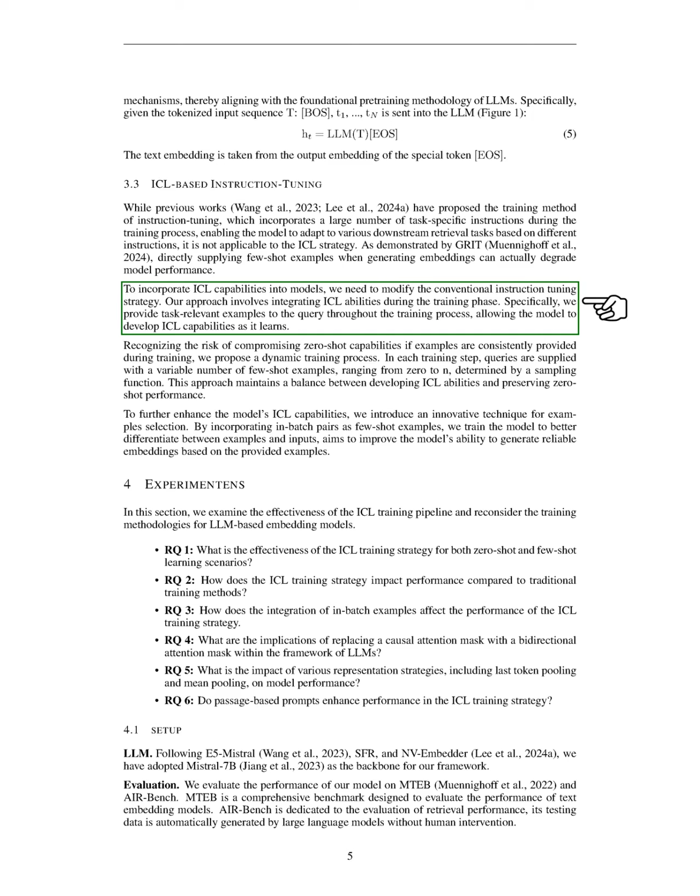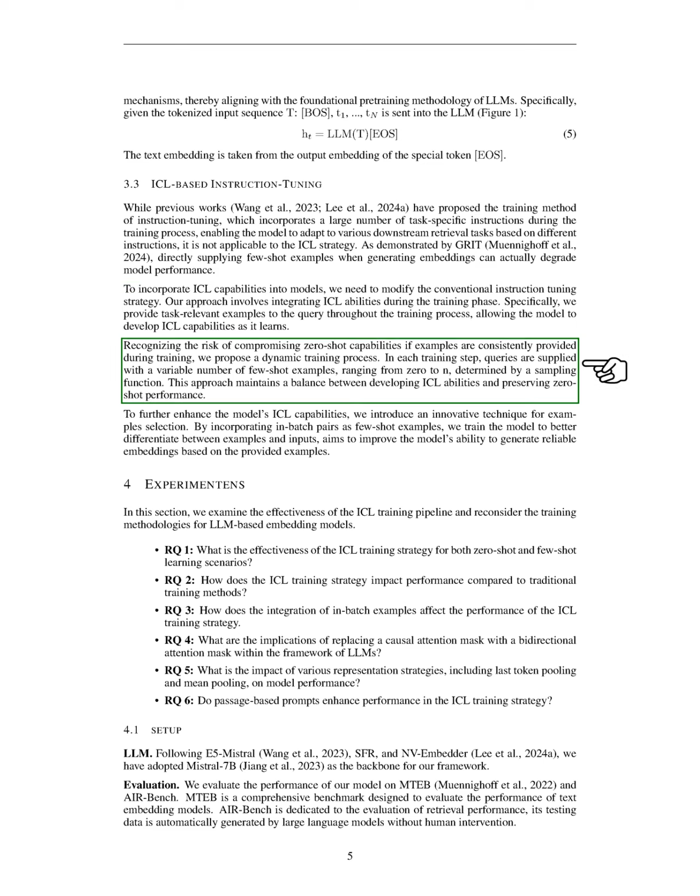We provide task-relevant examples to queries, allowing the model to develop ICL skills. To avoid compromising zero-shot capabilities, we implement a dynamic training process where the number of few-shot examples varies from 0 to a set number, determined by a sampling function. This balances the development of ICL abilities with maintaining zero-shot performance.